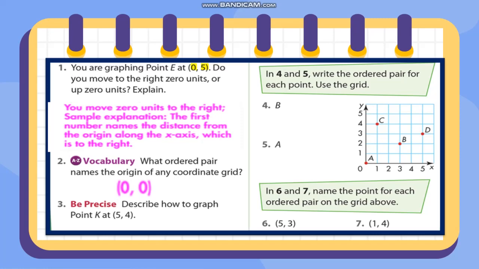Next, describe how to graph point K at 5 and 4. So 5 is our x-coordinate and 4 is our y-coordinate.